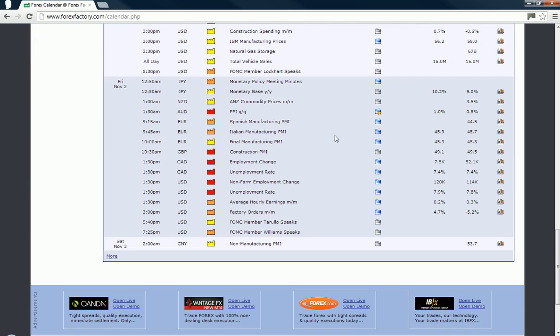And on Friday, of course, it's all about non-farm employment change data. It's forecast at 120,000, so a slight increase we're expecting from the previous 114,000.